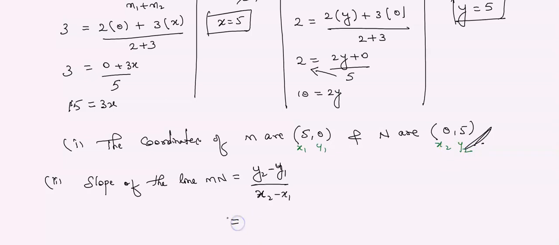That is y2 which is 5 minus y1 which is 0, by x2 which is 0 minus x1 which is 5. That is 5 minus 0 is 5, by 0 minus 5 is minus 5. The final answer is 1 by minus 1, which equals minus 1. So the slope of MN is minus 1.